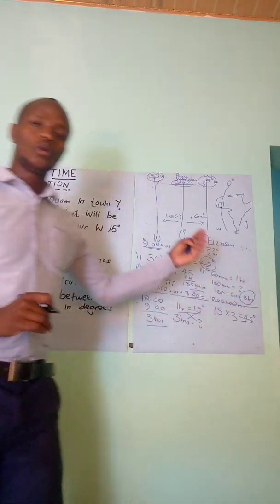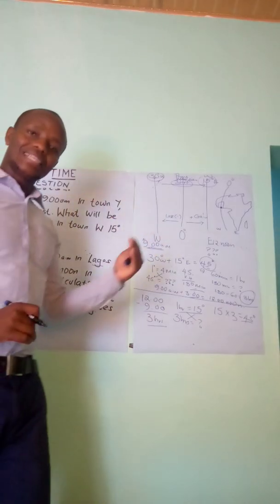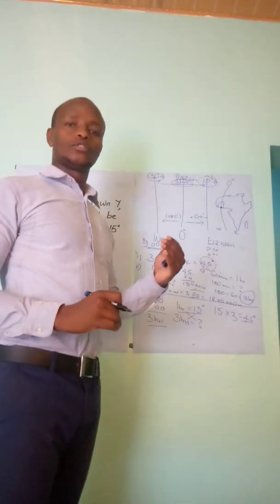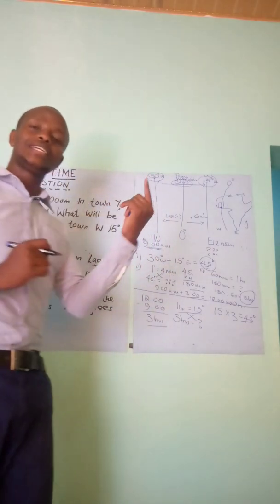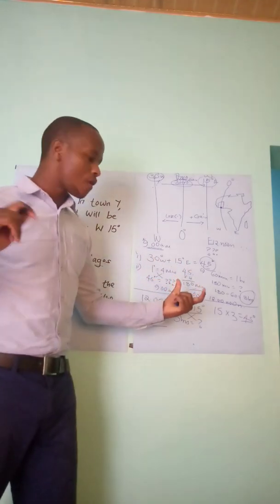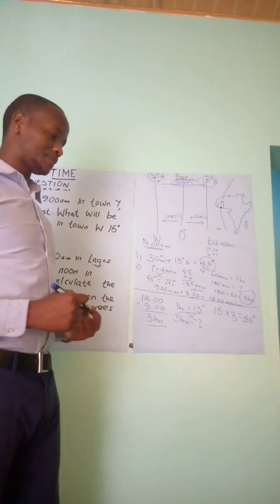When we move west, we lose time. The Earth takes 4 minutes to rotate 1 degree. Therefore, 1 degree is equivalent to 4 minutes. In terms of hours, 1 hour is equivalent to 15 degrees.